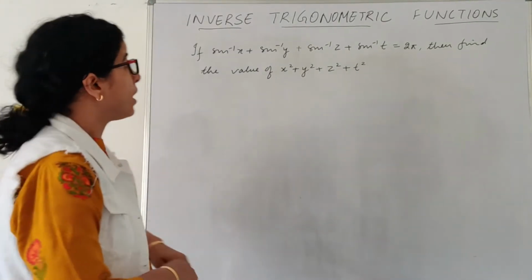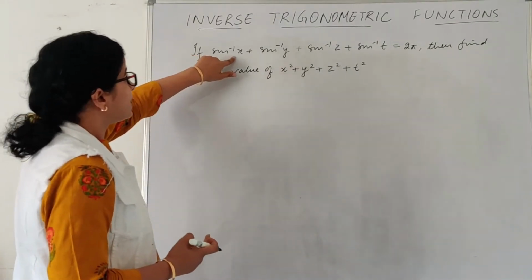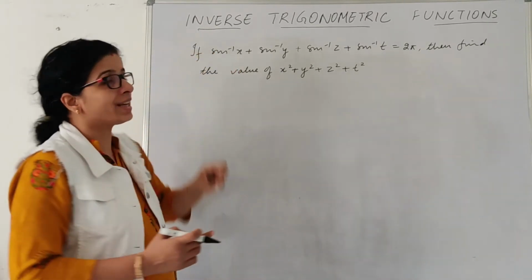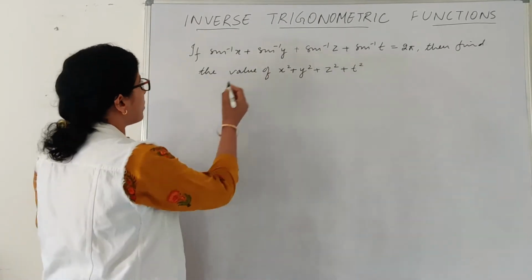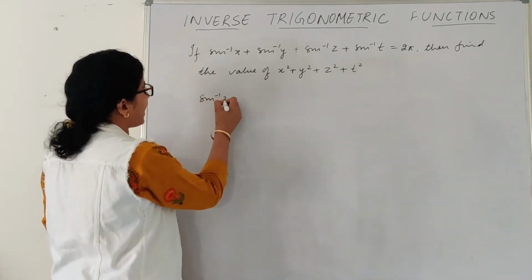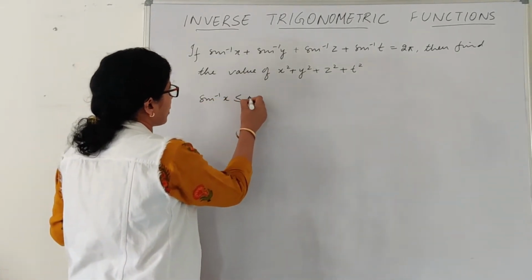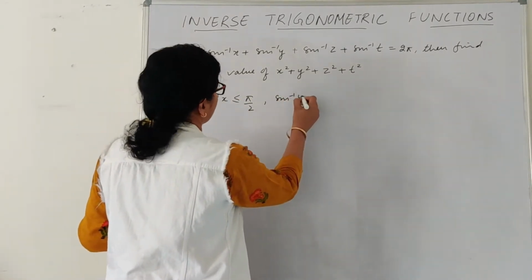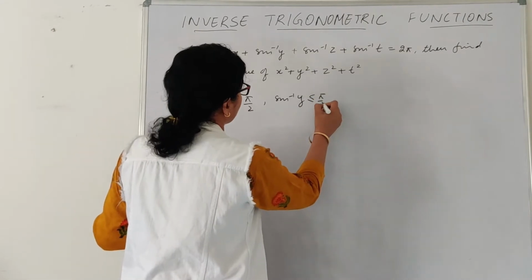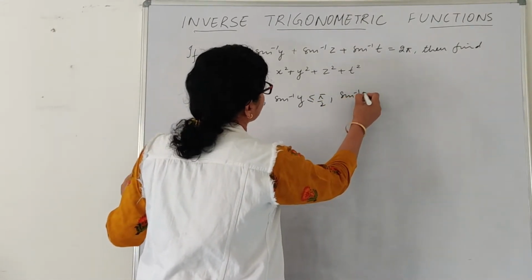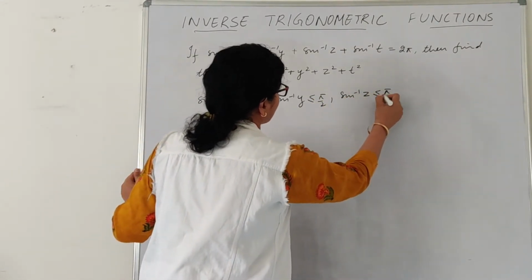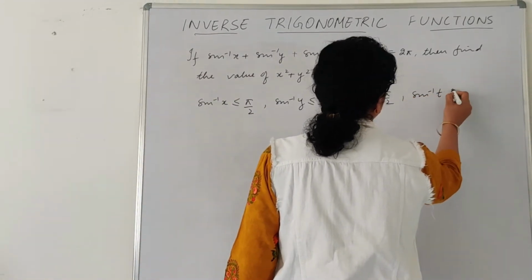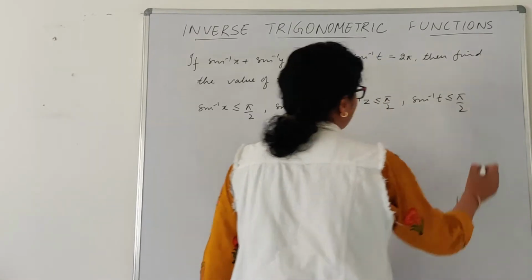Okay. So now what you can do is, since we know that the maximum value sine inverse can take is pi by 2, I can write that sine inverse x is less than or equal to pi by 2. Correct? Maximum value. Sine inverse y is also less than or equal to pi by 2, sine inverse z is also less than or equal to pi by 2, and sine inverse t is also less than or equal to pi by 2, right?